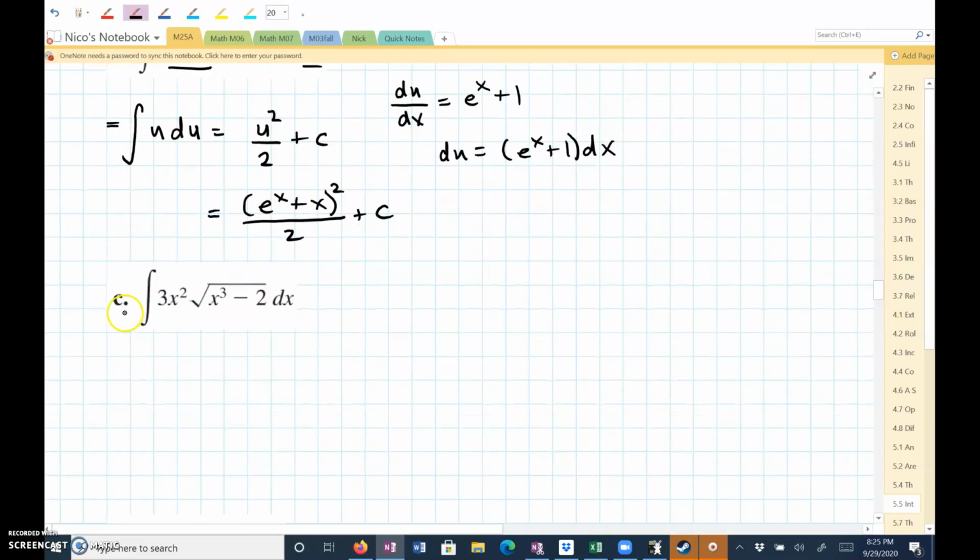Alright, let's look at c again. I'm either going to let this function be u, or underneath the square root here, I'm going to let that be u. I'm going to let x cubed minus 2 be u, because when I take the derivative of u with respect to x, this would be 3x squared, where that would be 0. So du equals 3x squared dx.